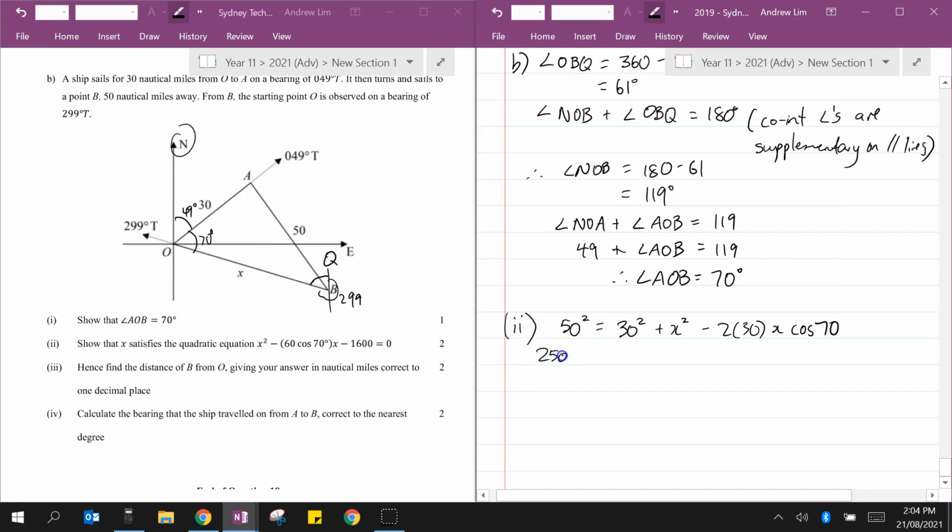That's 2,500 is equal to 900 plus x squared minus 60x cosine of 70. Oh good, we're almost there.